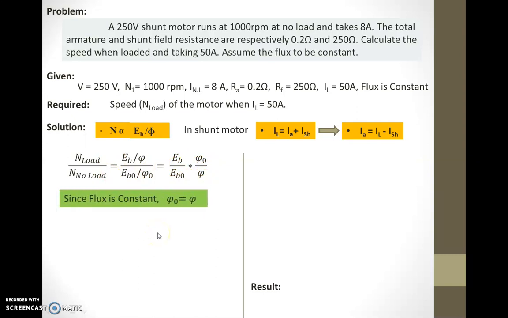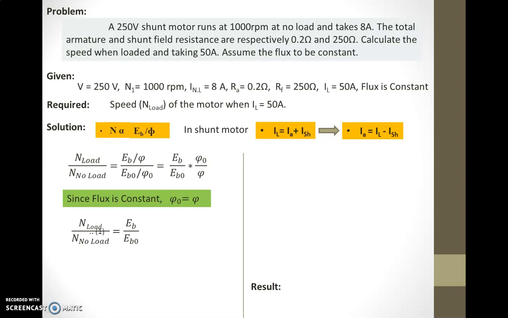At last, we can cancel flux terms because in the given problem, flux is assumed as constant. Since flux is constant, phi naught is equal to phi, so these two can be cancelled. So the equation can be modified like N load divided by N no load is equal to EB divided by EB naught. EB is back EMF at load condition, EB naught is back EMF at no load condition.